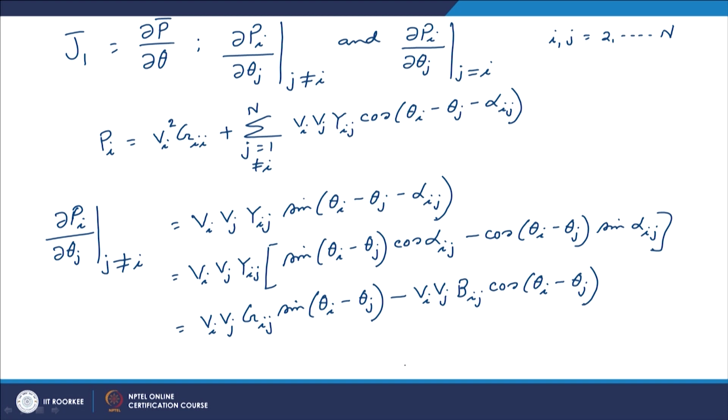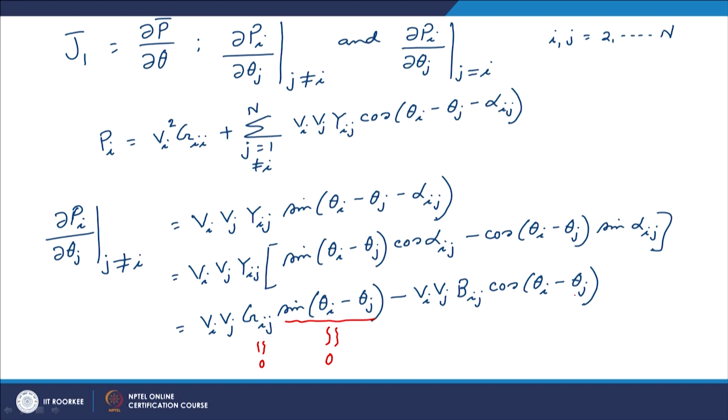Now, here we again put the simplifying assumptions. What are those assumptions? Assumptions are again the same assumptions. We have already seen that this is almost equal to 0, this is also almost equal to 0, this is not 0 and this is almost equal to 1.